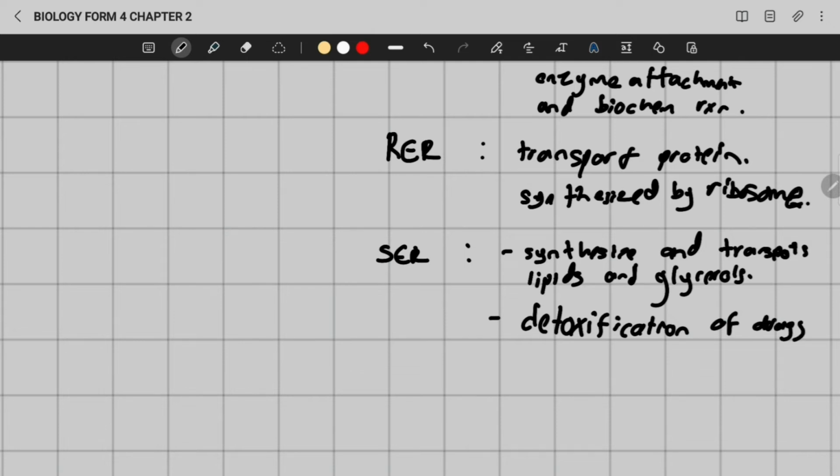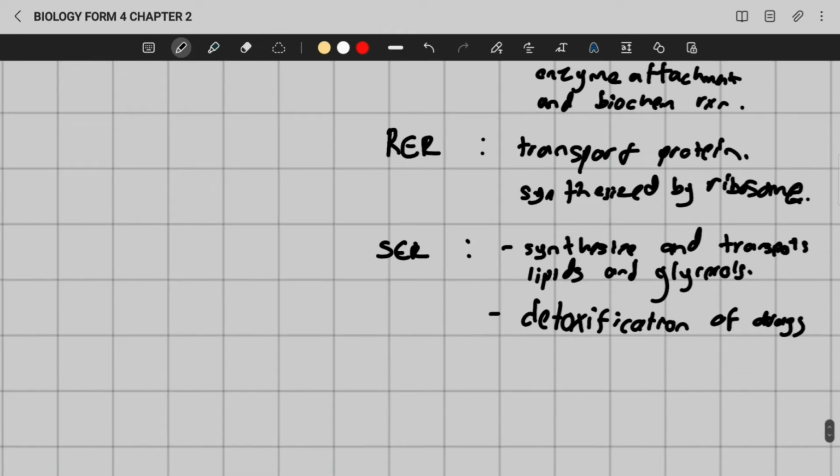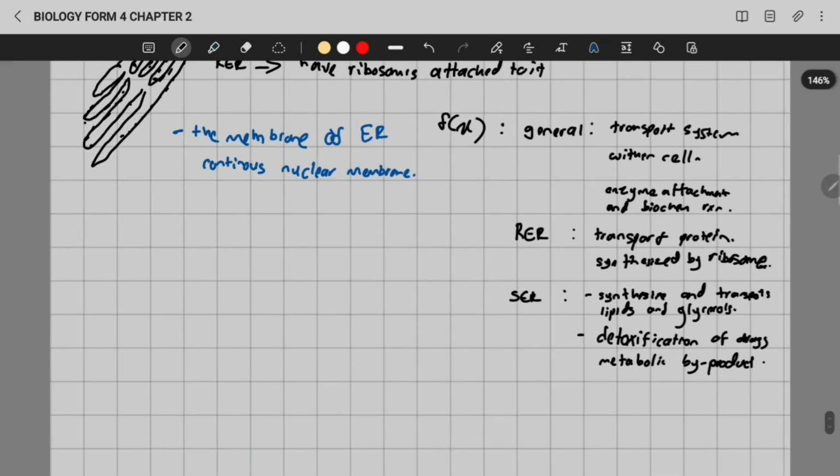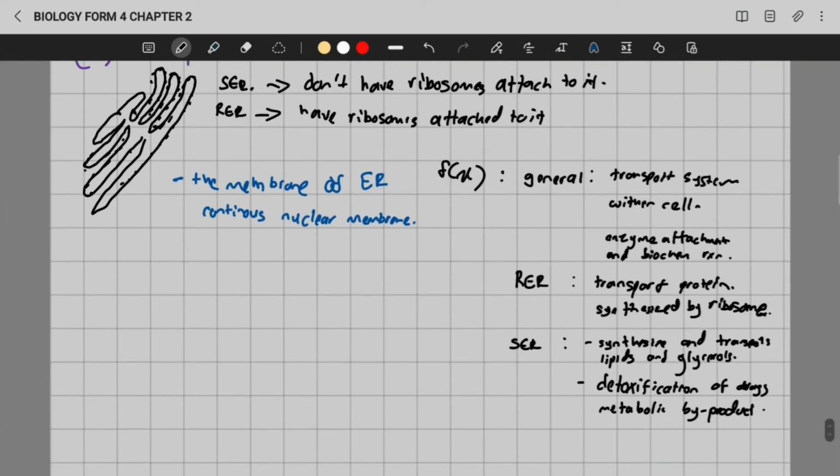You should know that metabolism is the process of living of your cell. And then this metabolic process has its own byproduct which is dangerous to the cell. So they need to detoxify the metabolic waste or byproduct. Sorry, I misspelled it here. Byproduct. Detoxification. If you don't have SER, your cell will die because of too many toxins in your cell.